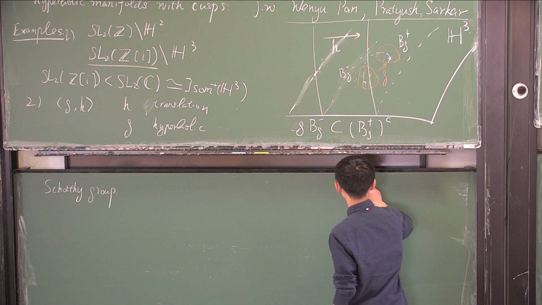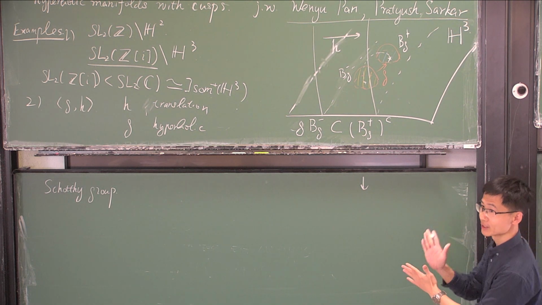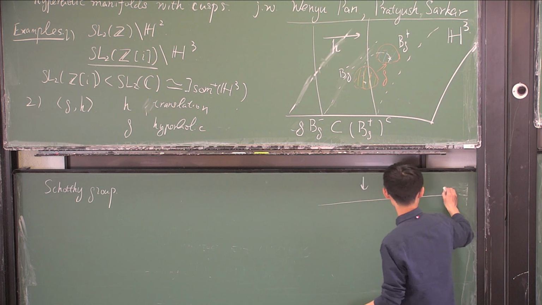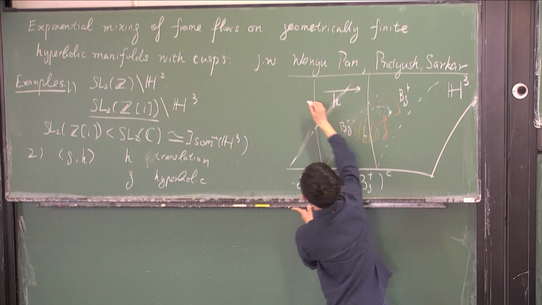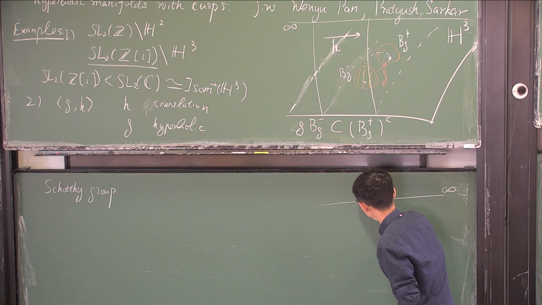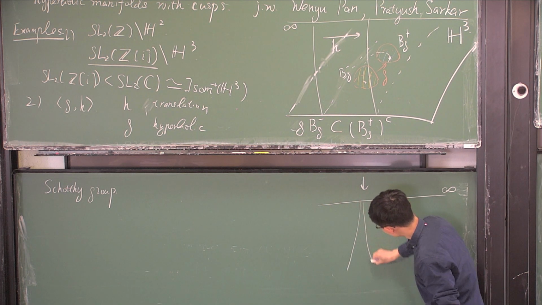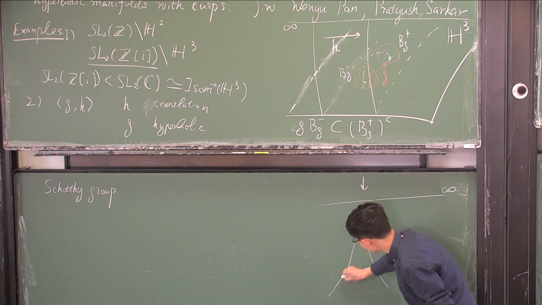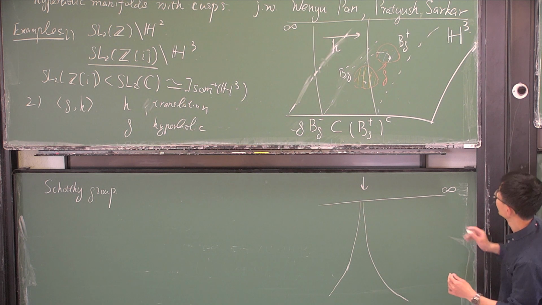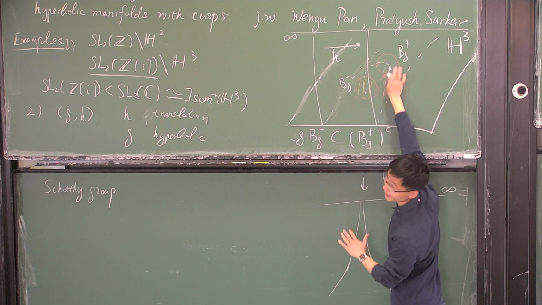I can try to draw what it looks like. First, you quotient by H, then you get something like this. This is infinity. Infinity here, and then because this is a cusp, when you go to the cusp, it will become very thin, and when you go down, you get something very large, and then at some point you will meet this G action.